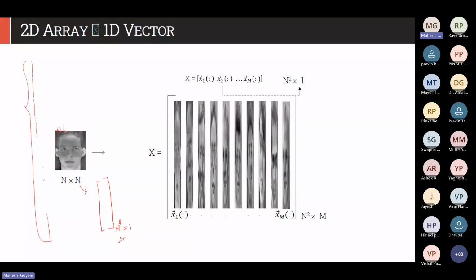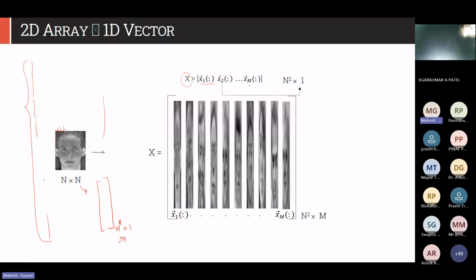So you see that this capital X is the thick matrix which contains the column format of x1 bar, x2 bar, up to xm bar. So now this will represent image 1, image 2, image 3. All are mean centered images, but converted into column format, right? In a 1-dimensional vector format. So the number of rows here is n square.